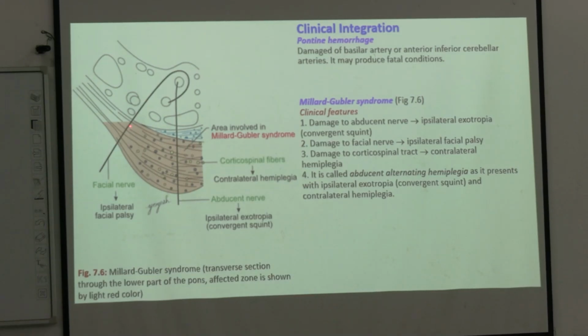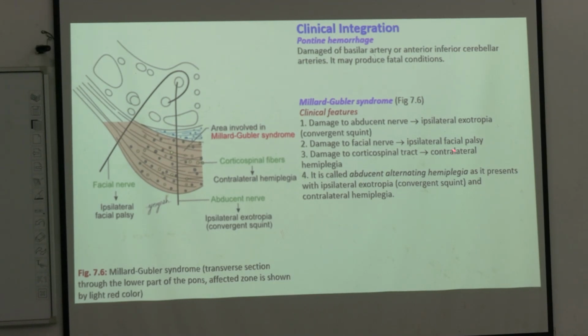The second thing is that it affects the 7th cranial nerve. If the 7th cranial nerve is affected by this hemorrhage, that means, since the 7th cranial nerve is both sensory and motor, we are affected with the loss of taste sensation, and along with that the facial nerve supplies the facial muscles of expression. So there is loss of facial muscle expression, or facial palsy.